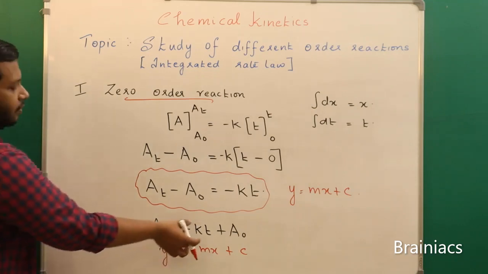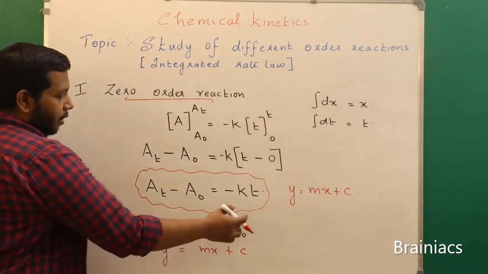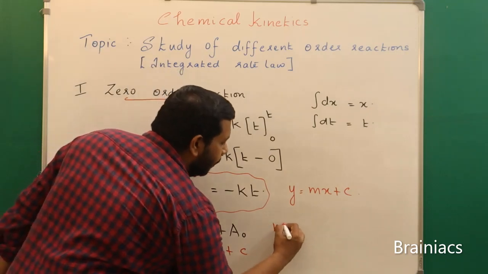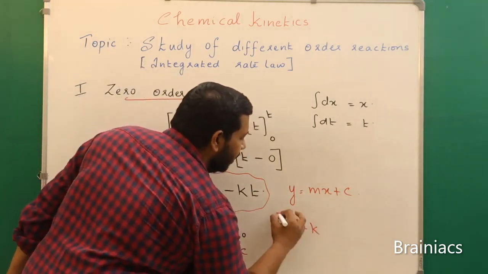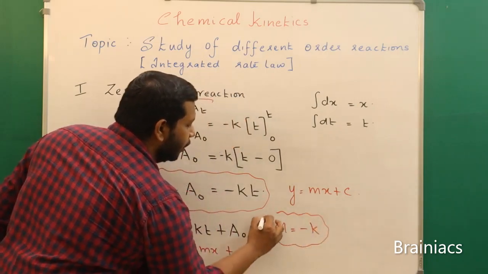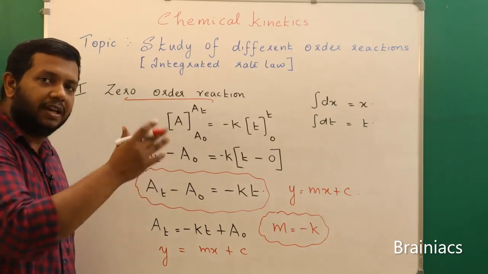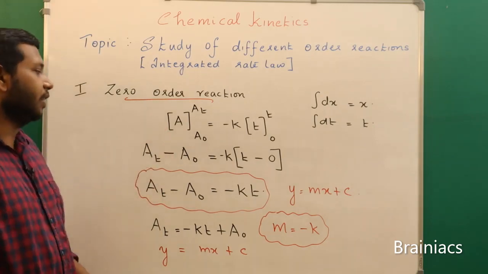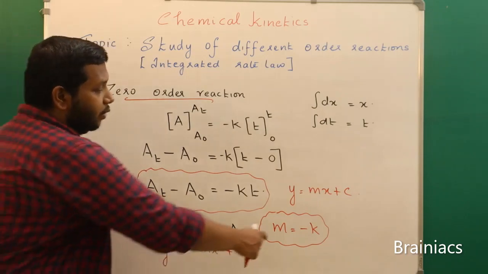So tell me, what is the slope then? Slope of the zero order reaction. We know m is the slope. So on comparing it, we can say slope m is equal to minus k. Very, very important. So for a zero order reaction, what is the slope? From the graph, if they give you a graph and ask you to find the rate constant, we know the rate constant is k.